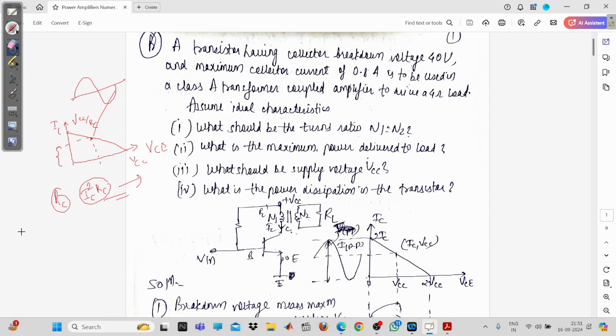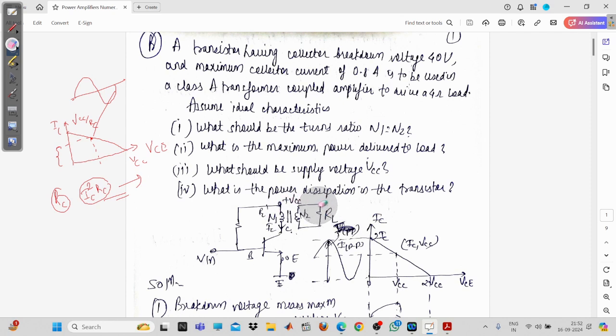Now you can see here the RC is replaced by the transformer. You can see how the RC, or you can call it the load resistance, is replaced by a transformer, and you have shifted your RL from this point to this point. So now you can see that there is no connection between RL and VCC.